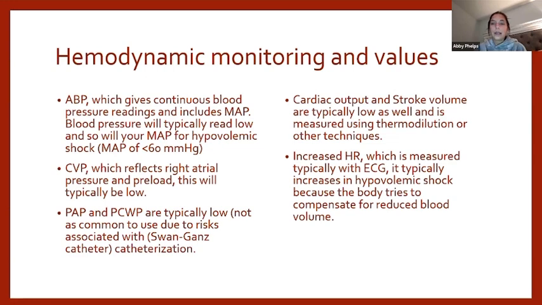But your cardiac output and stroke volume are typically low as well and are measured using thermodilution or other techniques. And also an increased heart rate, which is typically measured with the EKG. It typically increases in hypovolemic shock because the body tries to compensate for that reduced blood volume.